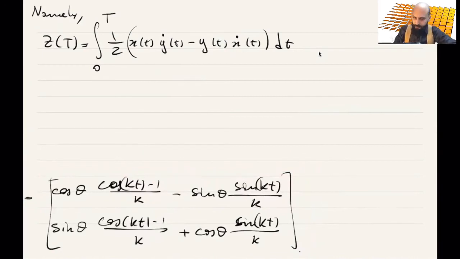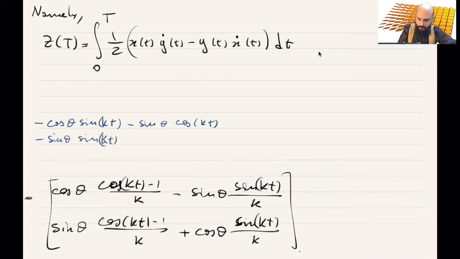The derivative is going to be cos theta times minus sin kt. Now this k will cancel with this k. Minus sin theta cos kt. The one below instead is minus sin theta sin kt plus cos theta cos kt. So this is the vector x dot, y dot.